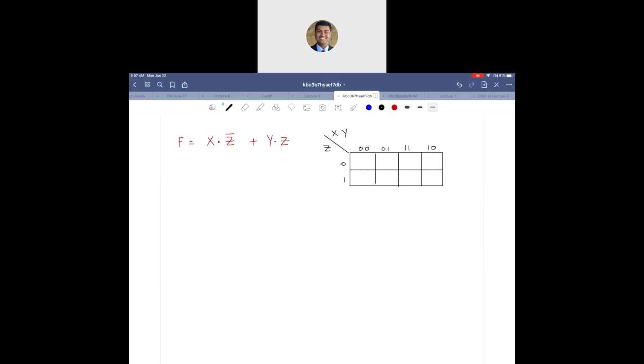And as you can see, this term is X is 1, Z is 0, and Y is 0 or 1. So where X is 1, Y is 0, it is there, and X should be 1.